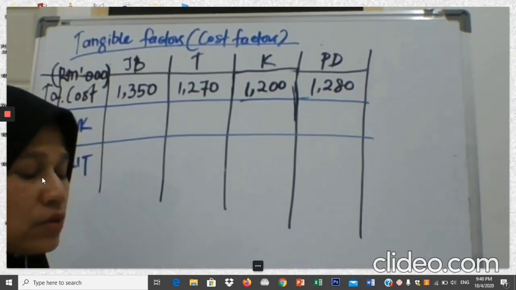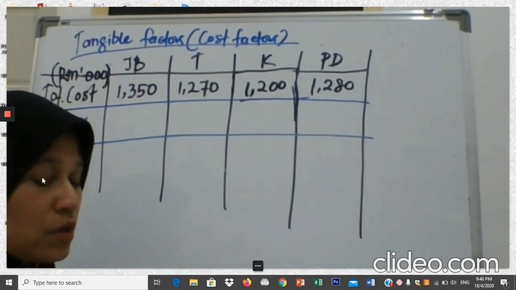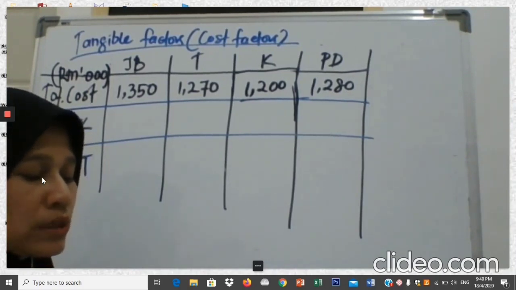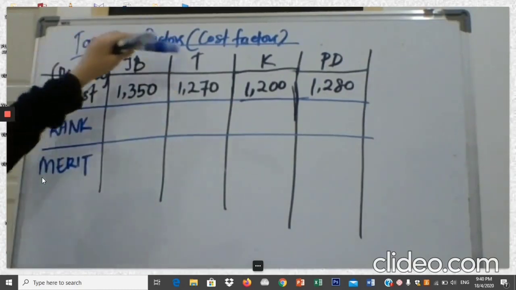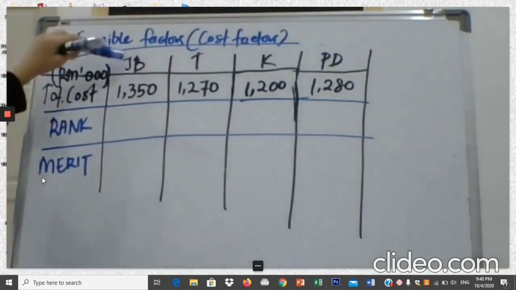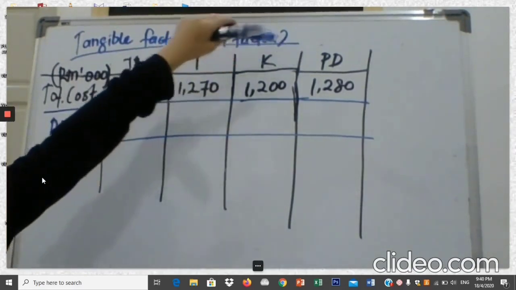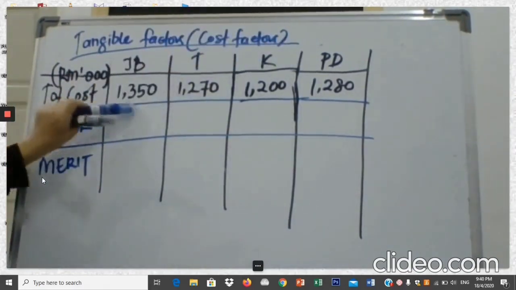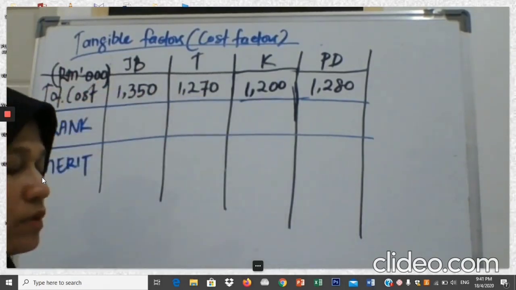You refer to the table for the cost factor or tangible factor. You add up all the costs. Add up all the costs given. In this case, for Johor Bahru, Tapah, Klang and Port Dickson, I have simplified the names: JB, Tapah, Klang and also Port Dickson. We only add up the total cost given.